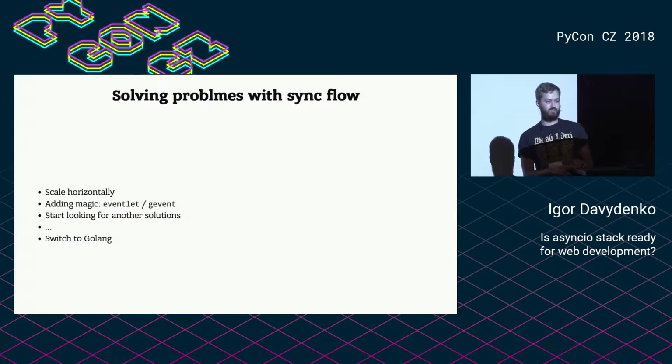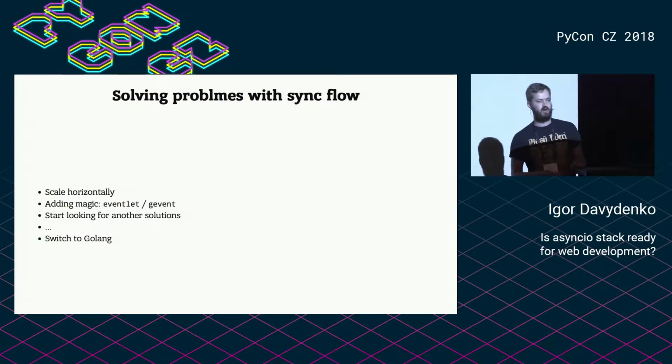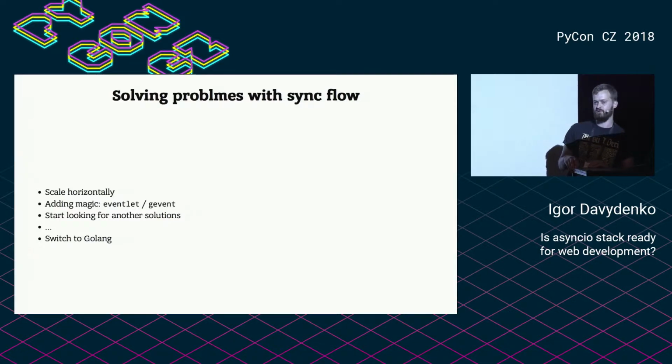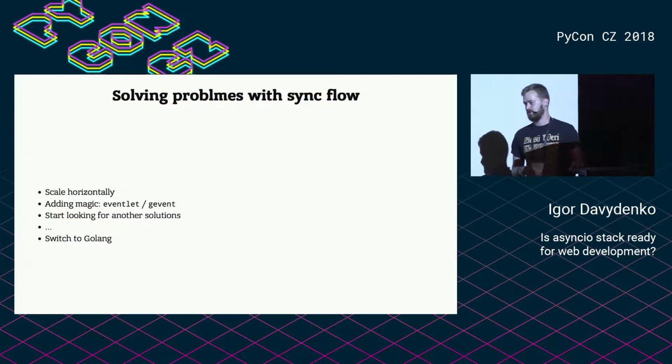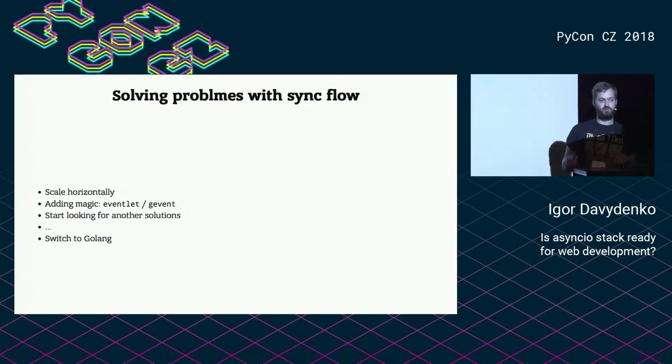Yeah, we can do some other things, like adding some magic to our code, like adding eventlet or gevent that patch network libraries, and you will start getting better concurrency because you will have the ability to process more requests. Or start looking at other solutions. You can switch to Golang, where concurrency is done better than in Python.